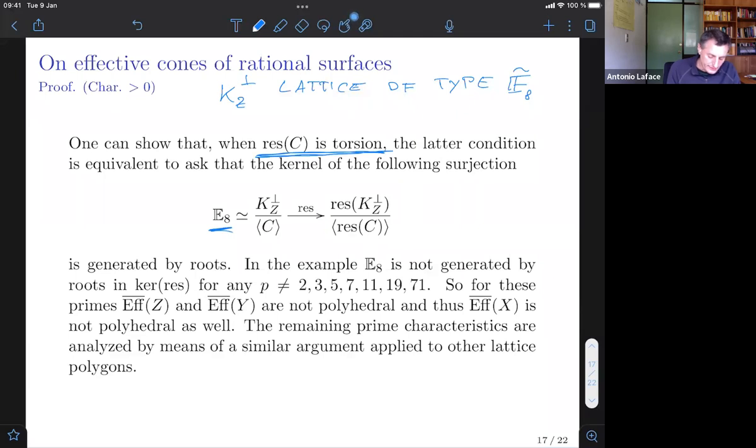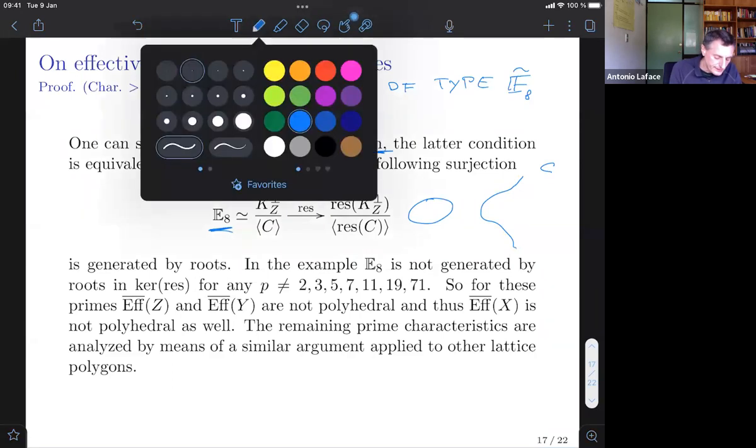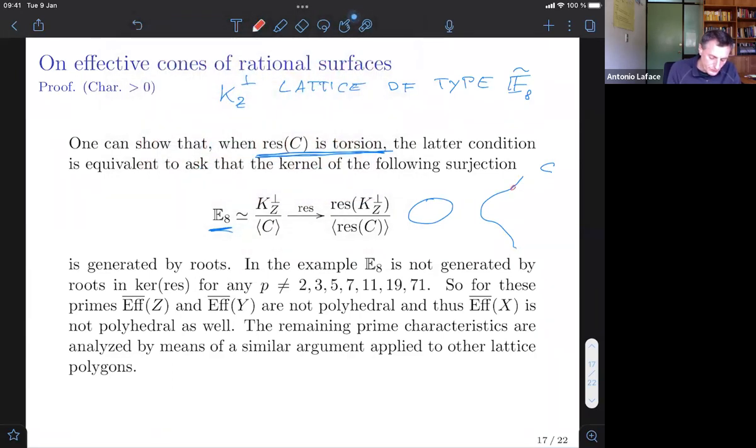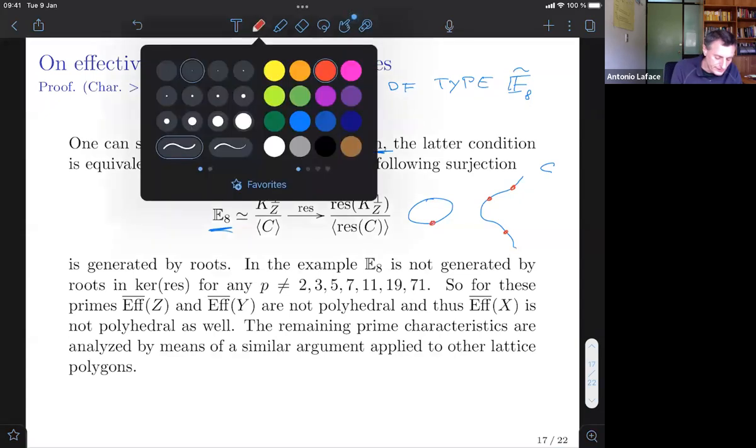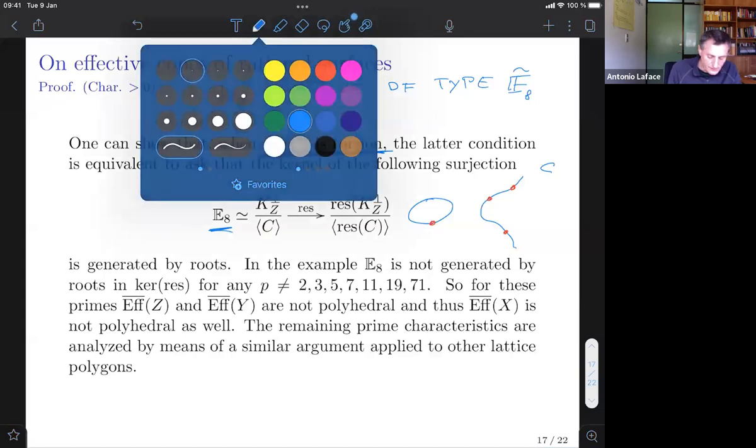Let me recall that in our case, we have this elliptic curve C, and the restriction of C was torsion, so it's a group with 4 elements, 4 rational points. I'm looking at the picture in characteristic 0.